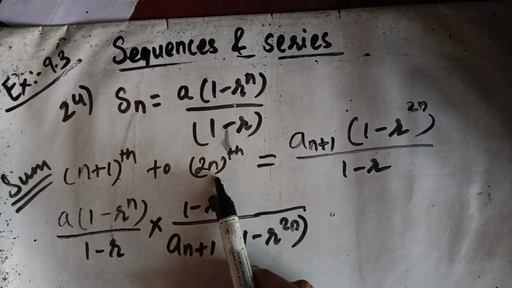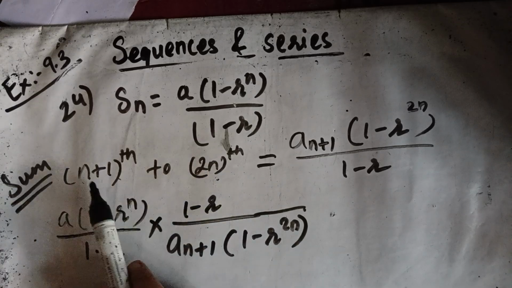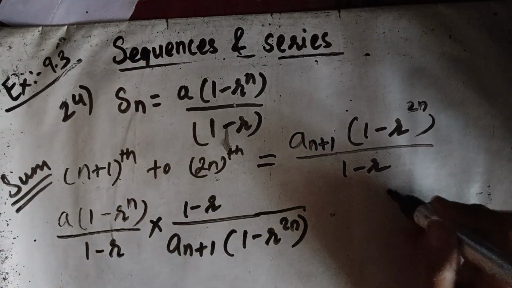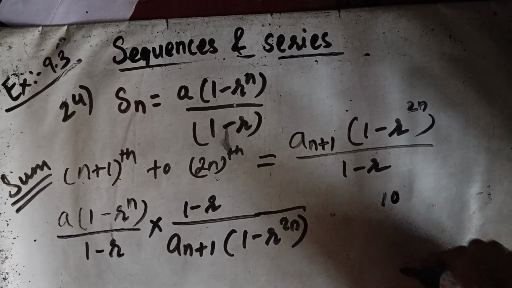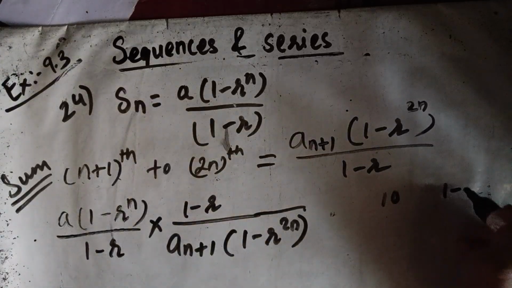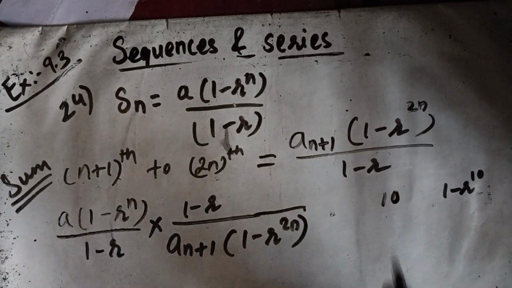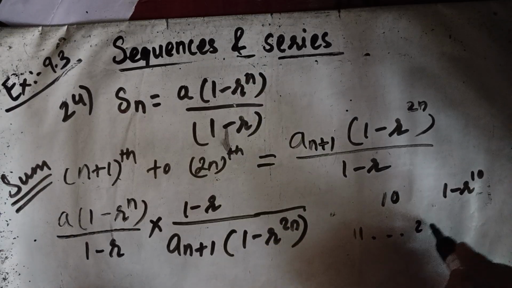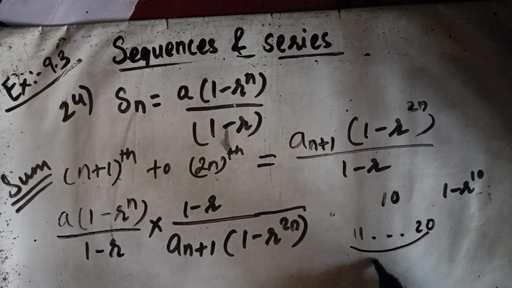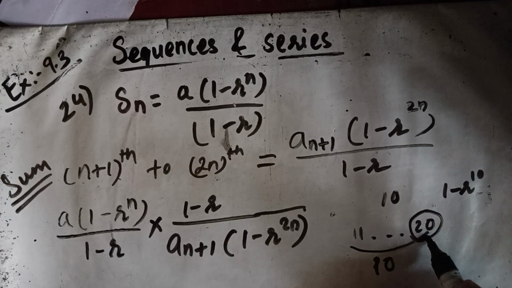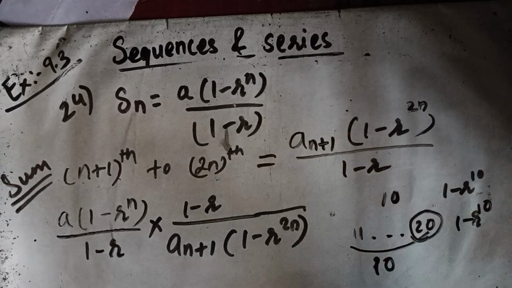Okay, here this is 2n, meaning from here to here the terms are n. For example, say 10 terms are there. So sum of 10 terms is given like this, 1 minus r raised to 10. Now again, if you are calculating from 11 to 20, then again the number of terms is 10. We don't write 20, right? So here also there will be 10.